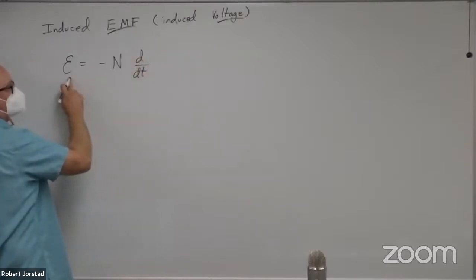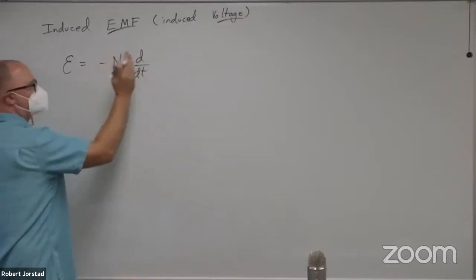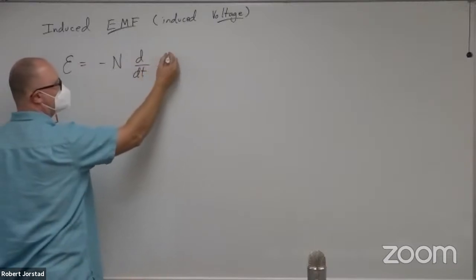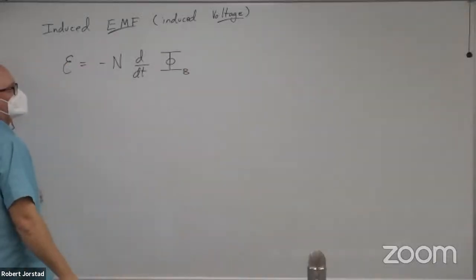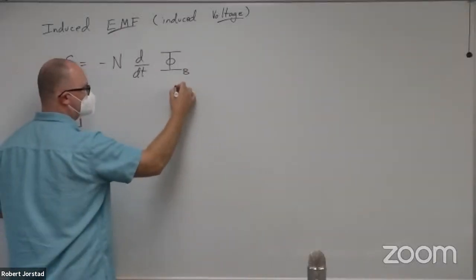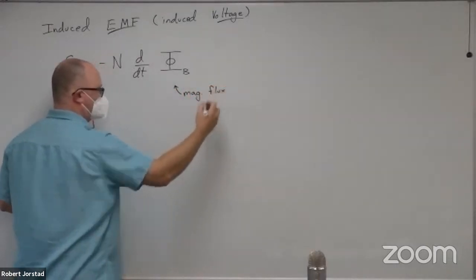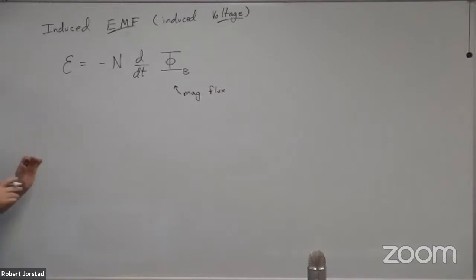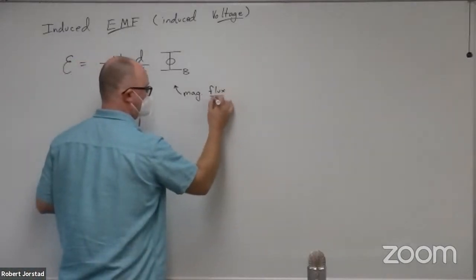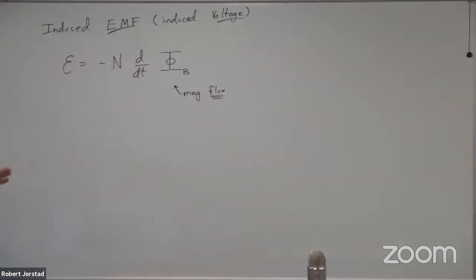The voltage related to a derivative of, what does that symbol mean? Magnetic flux. Now I want to emphasize, and I cannot stress this enough, it's magnetic flux, not magnetic field.